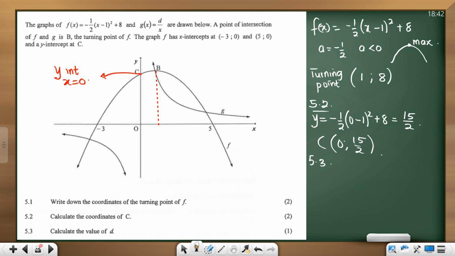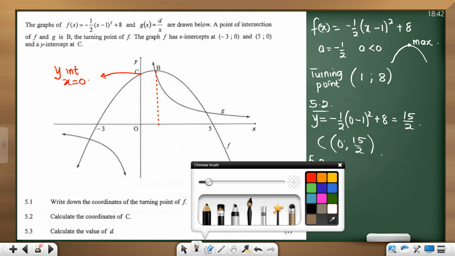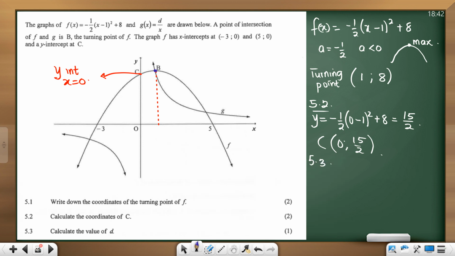5.3. What do you notice? And they said a point of intersection of F and G is B. It lies on both graphs. What is the coordinate of B? It's the turning point. 1 and what? 8.